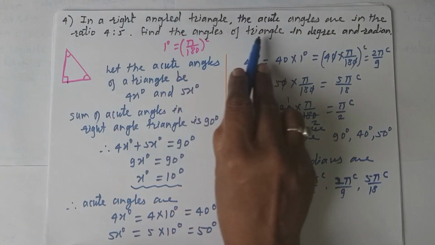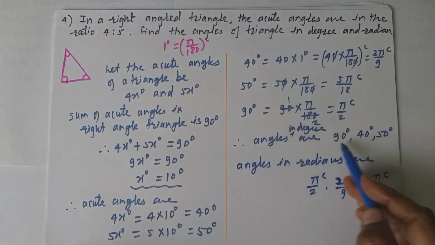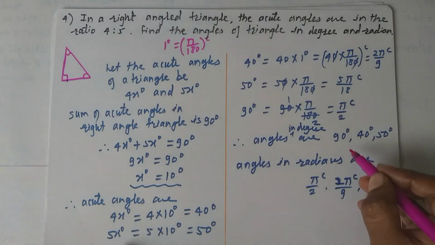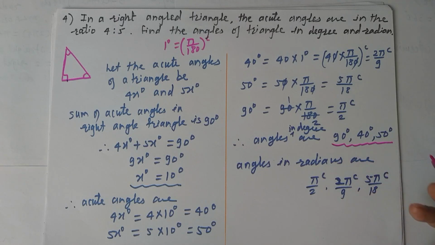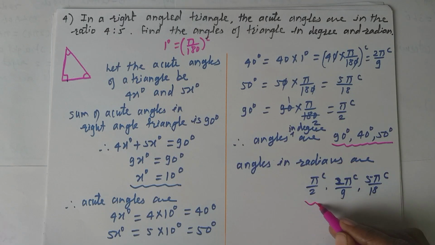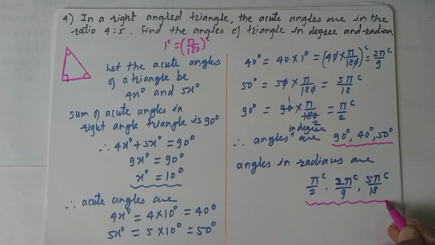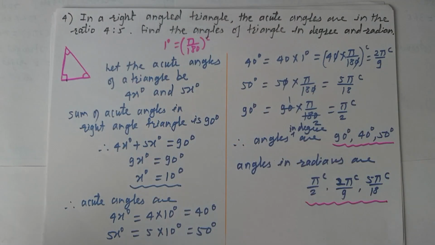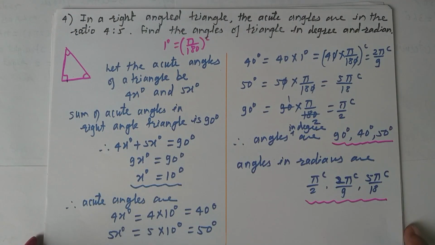In this way, the angles of a triangle in degree and radians we have found out. Isn't it easy? If you know the conversion, then such types of problems are very easy.